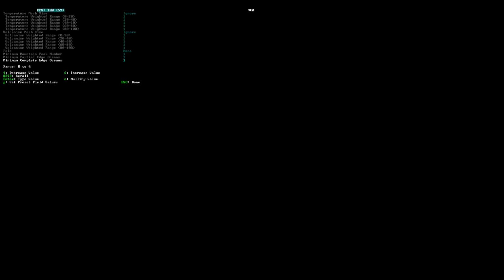It has to be covering that entire edge. So it could be the east, north, west, or south edge, but it's covering that entire edge. There's not a single square of land in that area. And again, you can set this up to 4, where it's covering all 4 edges. So the entire outside of the map is going to be an island, pretty much, because the entire outside of the map is covered in ocean.